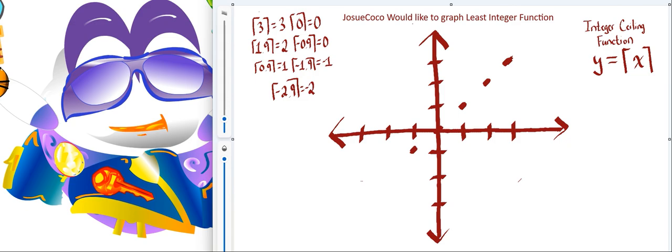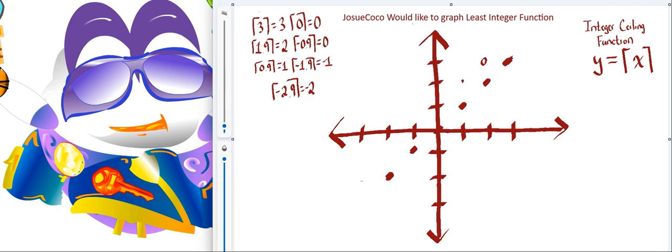Okay, moving on, downward. X equals negative 1, y equals negative 1. X equals negative 2, y equals negative 2. We'll stop there and we'll continue with the half open intervals now.